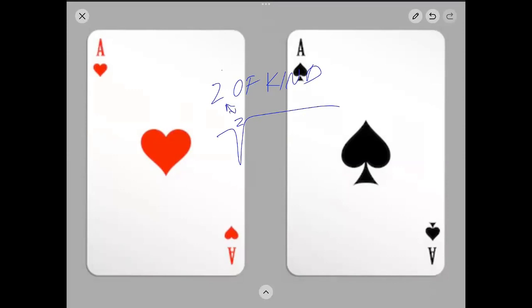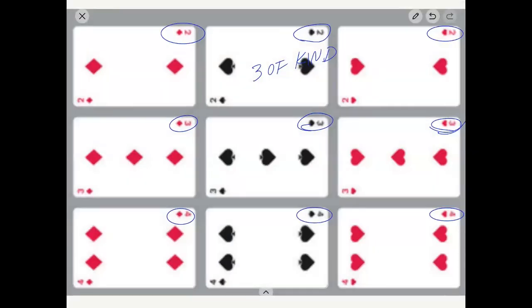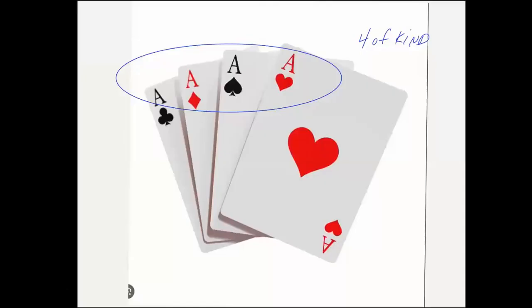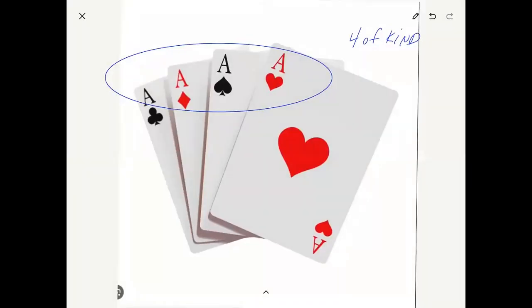And then if I were looking at 3 of a kind, this would be a cube root or a third root. And then if I had 4 of a kind, that would be a fourth root. So you can see that's the analog for these. So 4 of a kind is considered a fourth root. 3 of a kind is considered a cube root. 2 of a kind is considered a square root.